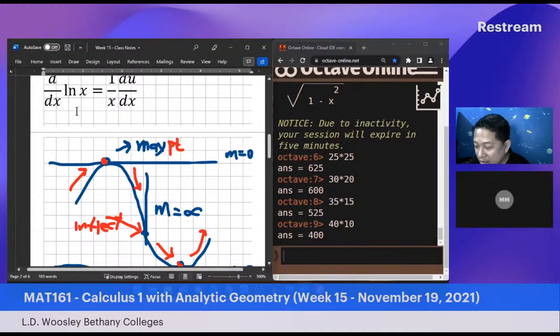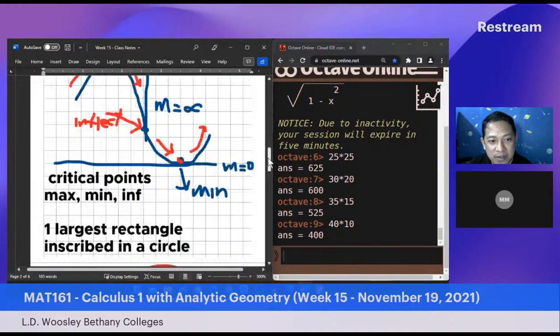Pag ang slope mo equal to 0, andun yung either maximum o yung minimum value. Based on the graph, sa maximum value ka, ang slope mo dito 0. Kung may minimum value ka sa kabila, ang slope mo 0. So equating the first derivative to 0 would allow you to look for its minimum or maximum value depending on the problem.